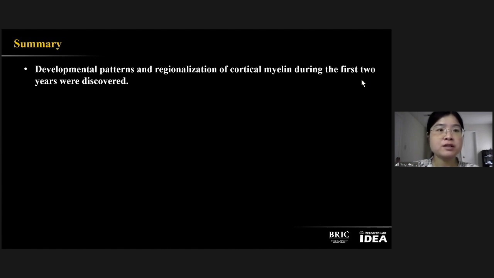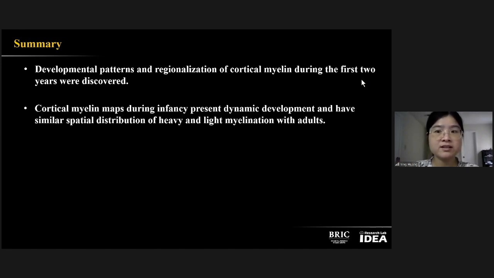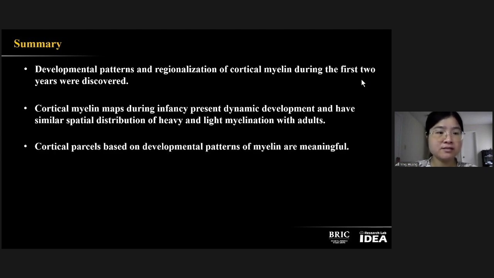First, developmental patterns and the regionalization of cortical myelin during the first 2 years were discovered. Second, cortical myelination maps during infancy present dynamic developmental patterns similar with adults. Third, cortical parcellations based on developmental patterns of myelin are meaningful.